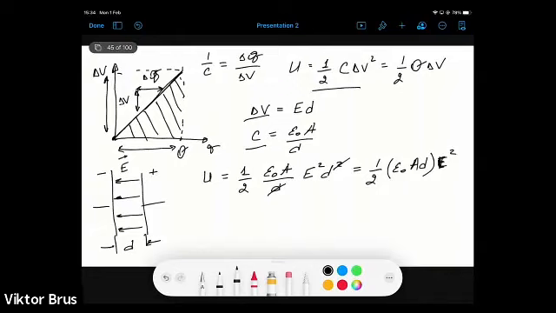This is a very important concept. You need to also be aware of this, that there is a square dependence between accumulated energy, like potential energy of electric field, and electric field vector.